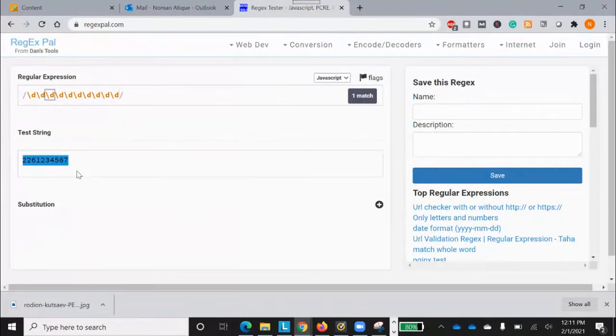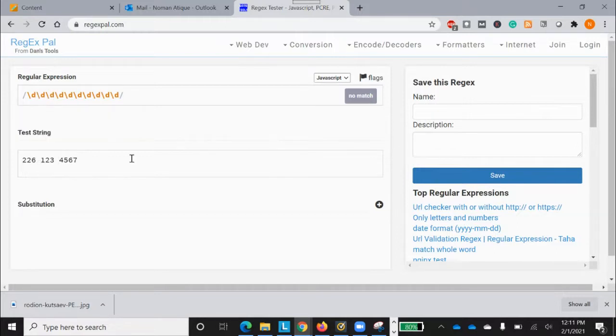Everyone understands that? But what if someone writes it with spaces, which is the right way of writing this number? If I write 226 123 4567, it is not recognized. So one way of handling that: I know that after 3 digits there can be a space. Right now I'm saying that there will definitely be a space.